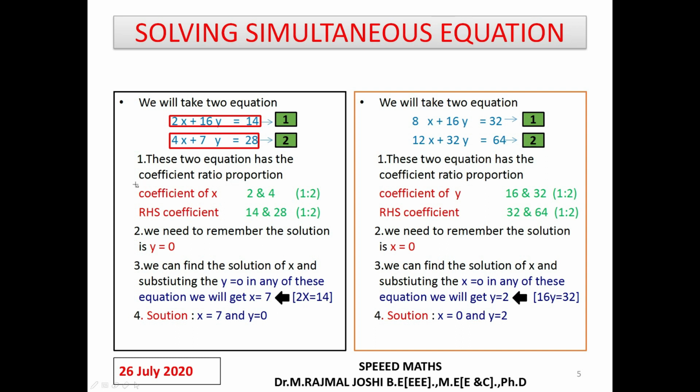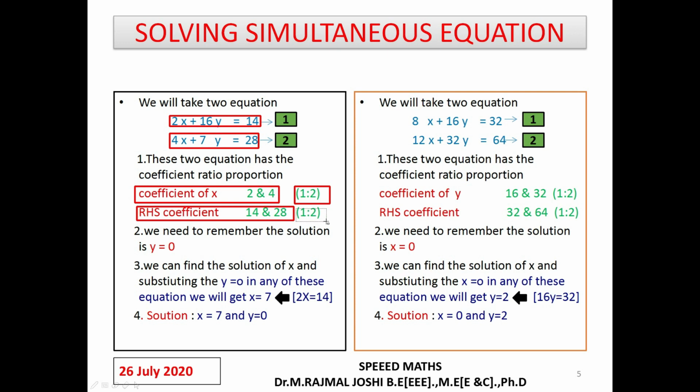Let us take the coefficients of x and the right hand side. In this particular problem we are not going to consider the coefficient of y. The right hand side has 14 and 28. Write those also, then check whether there is any proportion.